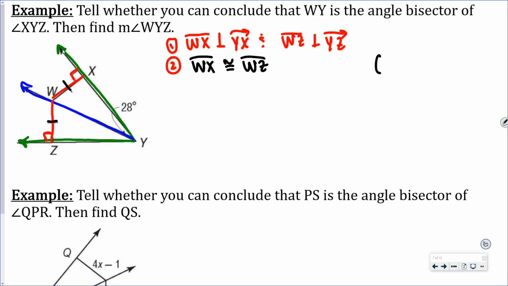So this is using the converse, that those angles are indeed going to be congruent because this point lies on the angle bisector. That's that theorem. So what would the measure of angle WYZ be? Well, this is 28. It's the bisector. This is also going to be 28 degrees.